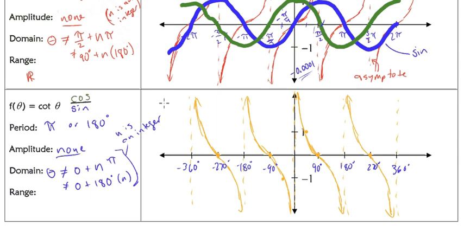And range, we can get any output we want. We're heading from infinity to negative infinity, so range is all real numbers. All right, hope that helped.